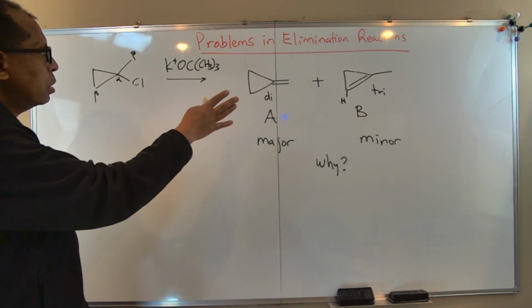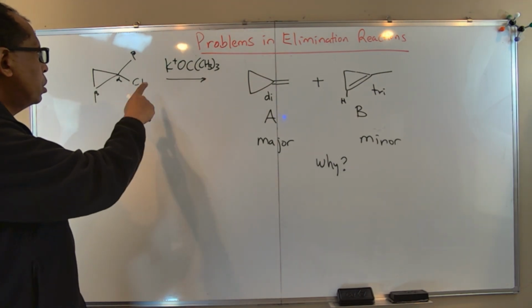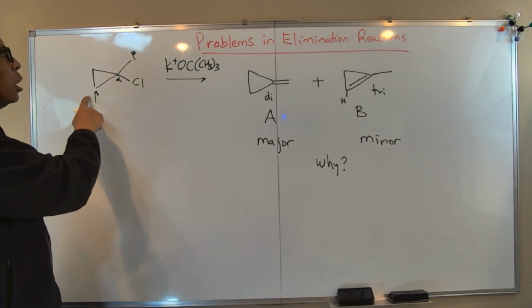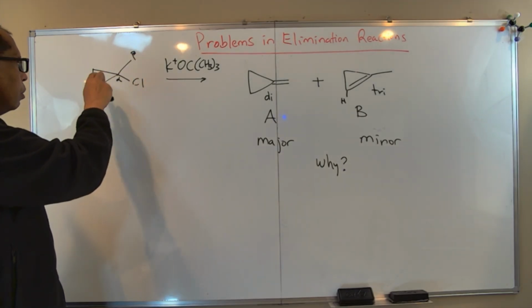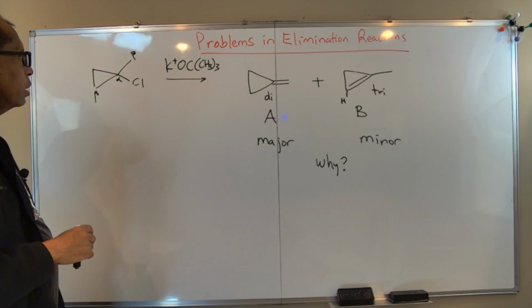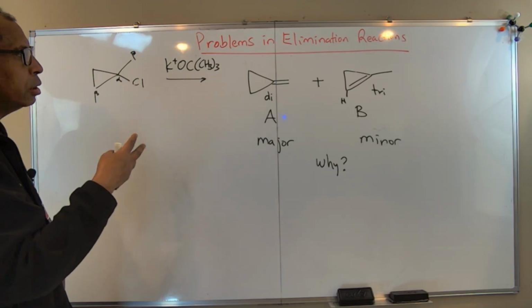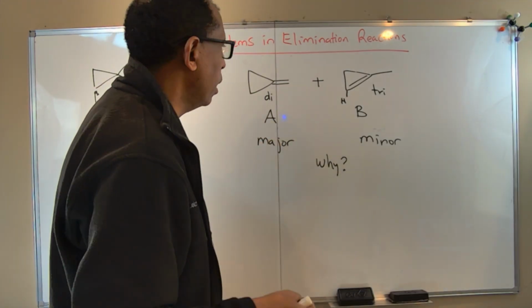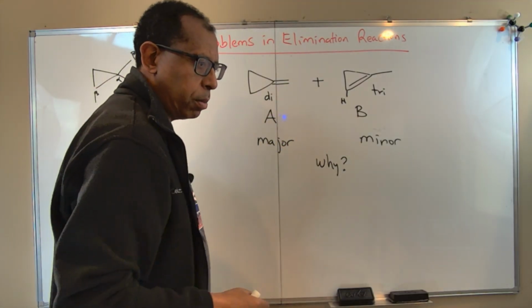In this problem, you would see that the presence of two beta carbons, that means two beta hydrogens and an alpha carbon, makes it possible that you'd be generating two products. Obviously, you could see in the product side, two products are formed.